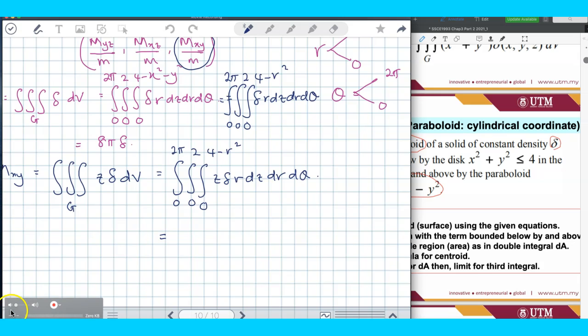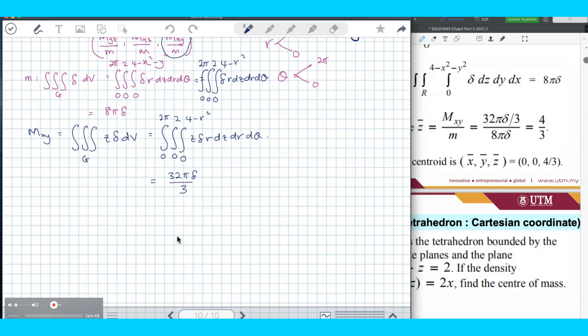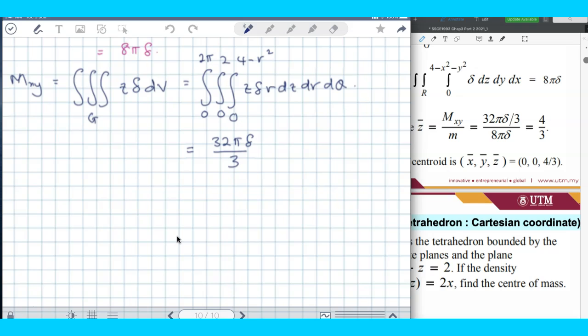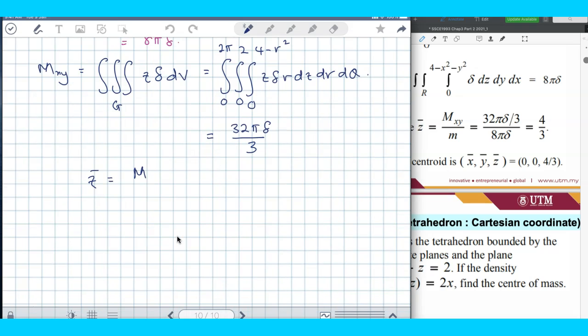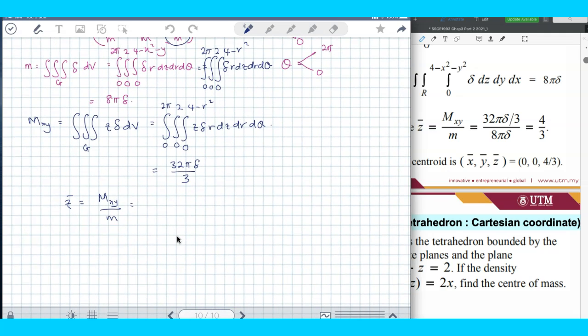Now we compute z bar, which is the moment of mass divided by the mass. Based on the result that we obtain, we have 32 pi delta over 3 divided by 8 pi delta. Here the delta can be cancelled out and pi also can be cancelled out, and you have 32 over 3 times 8.